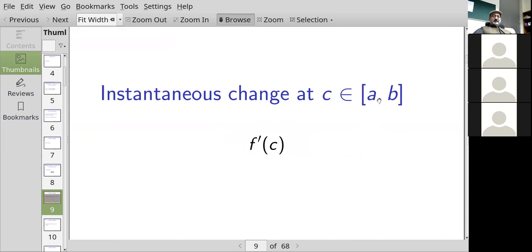All right. So two different things. Instantaneous rate of change is the derivative at a point, and the average rate of change is an average rate of change over the entire interval.